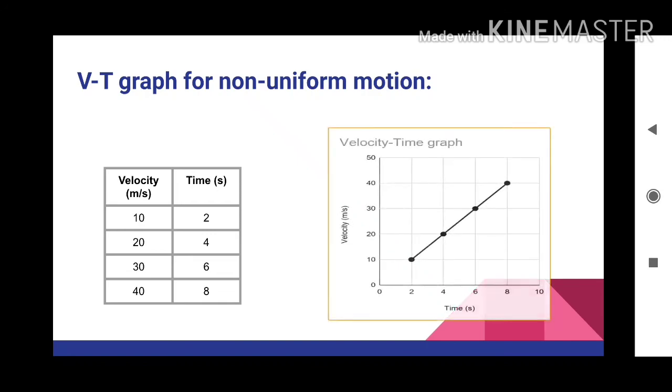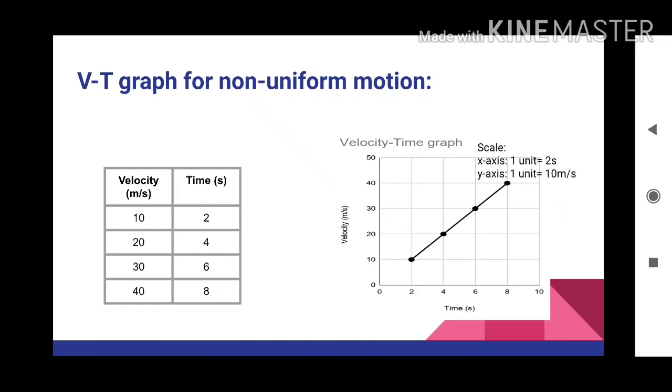So this is the plot which you should be drawing in a graph sheet and pasting in your fair books. Time is taken on the x-axis, in seconds, and velocity is taken on the y-axis in meter per second. The scale: on the x-axis 1 unit is equal to 2 seconds and on the y-axis 1 unit is equal to 10 meter per second.